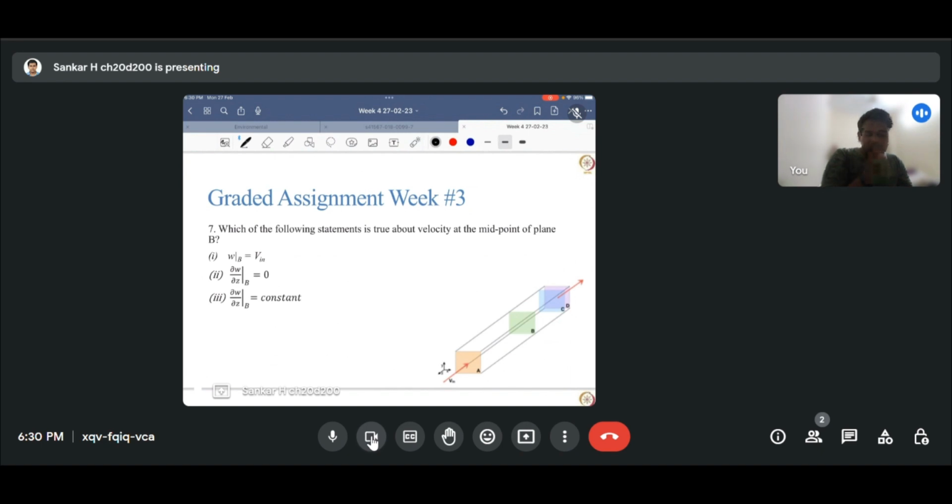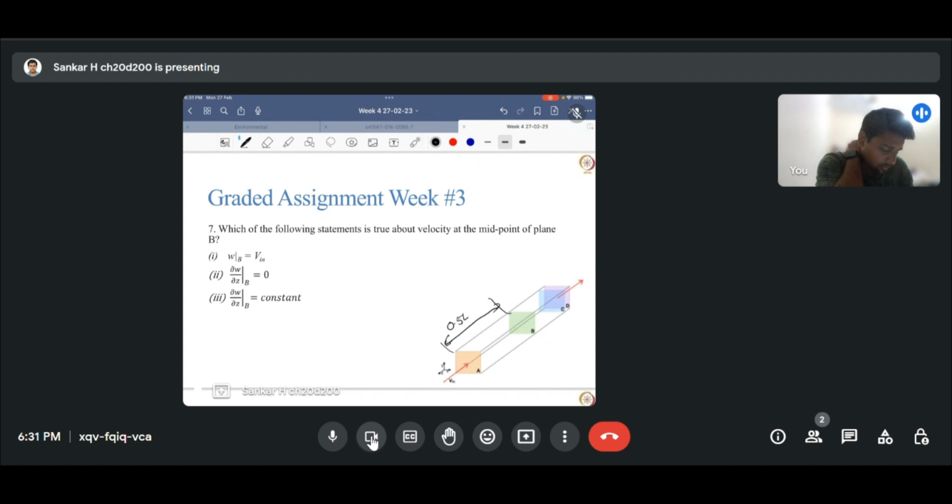Moving on to the next question, which of the following statements is true about the velocity at the midpoint of plane B? So we consider plane B, which is at a distance of 0.5 times the length. Let me write that down. This distance from A to B is 0.5 times the total length.